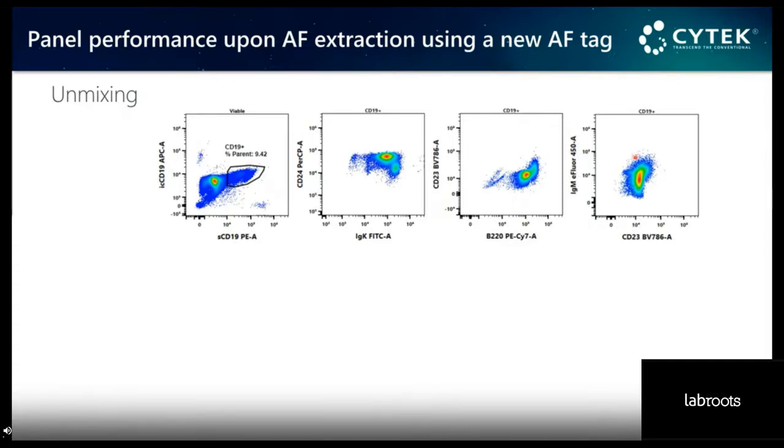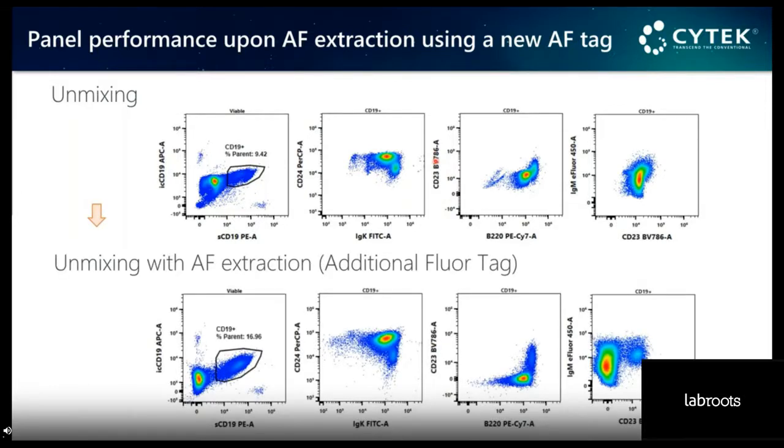But when we started using and characterizing autofluorescence and extracting separately, by defining multiple tags, what we see now, and if we compare top with bottom, is that negatives are down to 0. These diagonals are eliminated. My ability to define positivity for CD19, it's much, much better, clear separation.